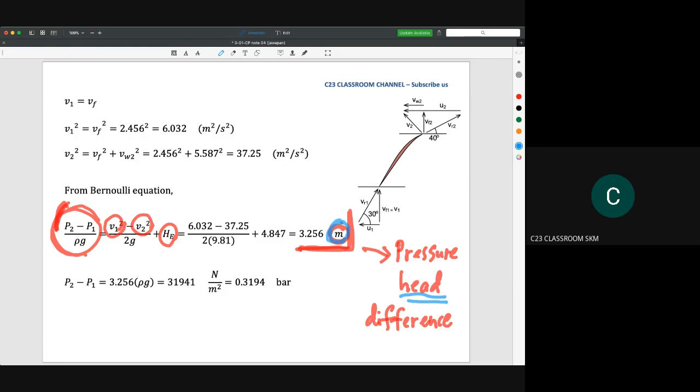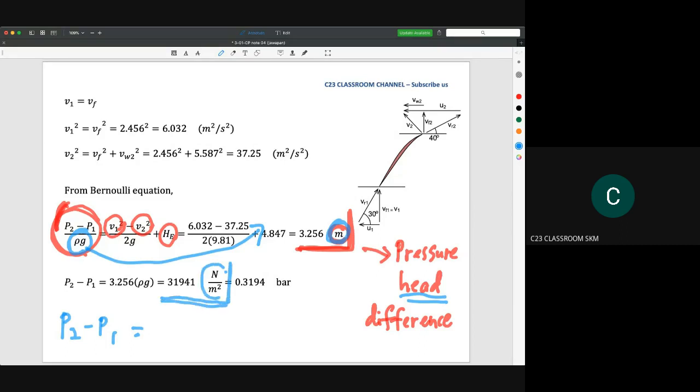Okay, so what you need to do is get the pressure difference. What we could do is just bring the rho G here to the right side. Then you will have P2 minus P1, and you will get 31,941 Newton per meter square.